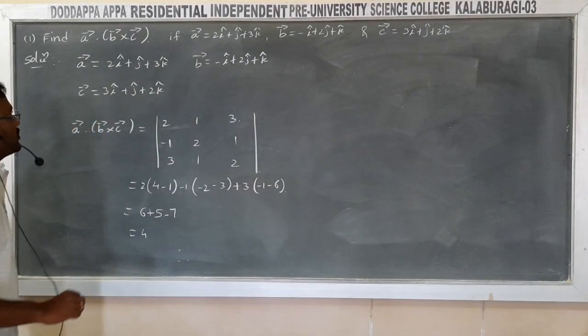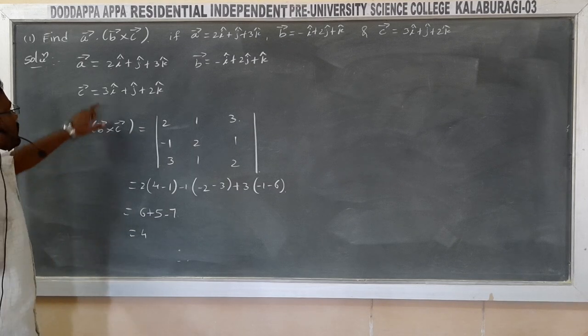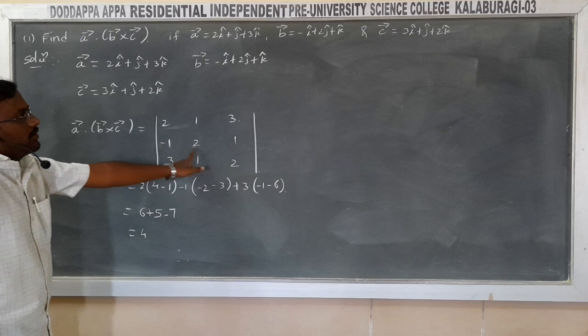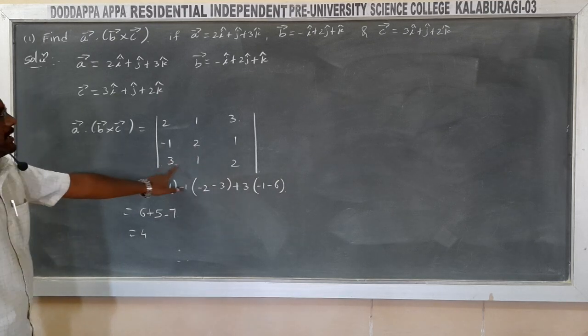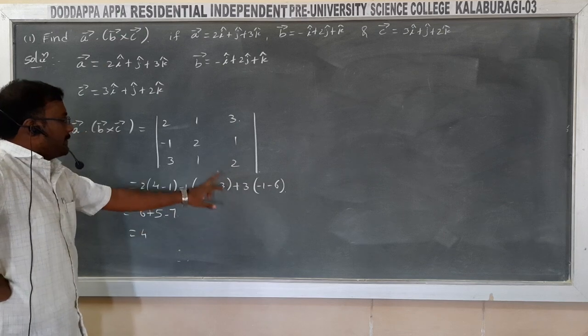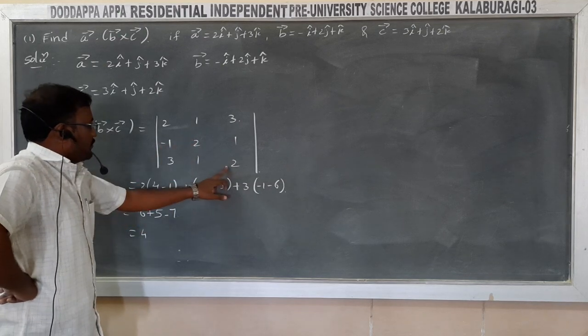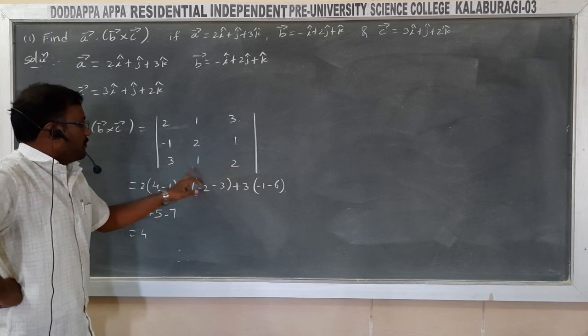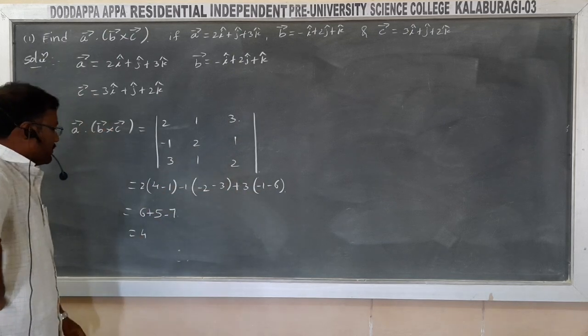So once you have to check it, what is given here? 2, 1, 3. Next vector B is -1, 2, 1. Vector C is 3, 1, 2. Then if you find this one, 4 minus 1, -1 of -2 minus 3, plus 3 of -1 minus 6.